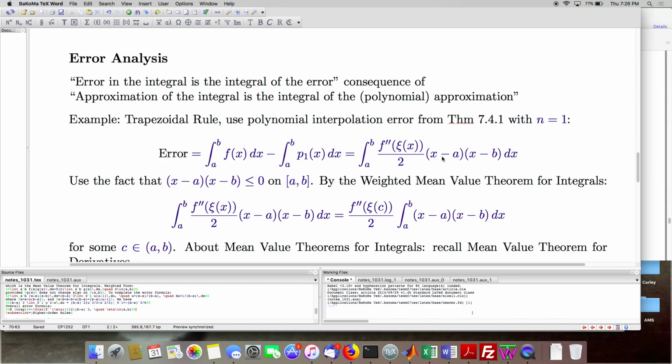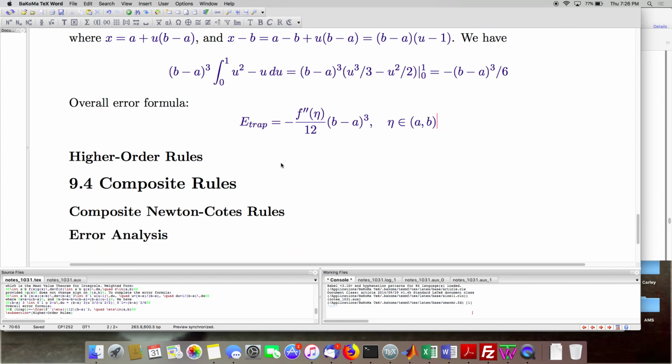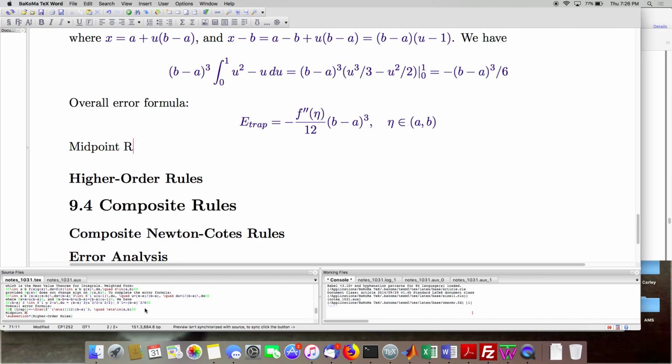So what I'm going to do is show you the error formulas for the other two rules. So the midpoint rule.